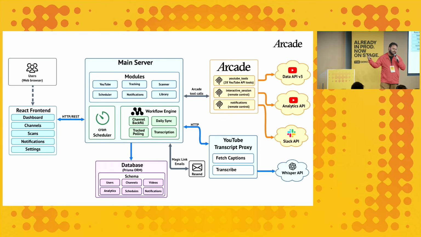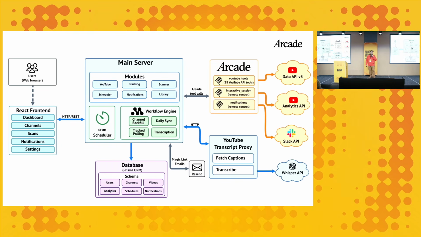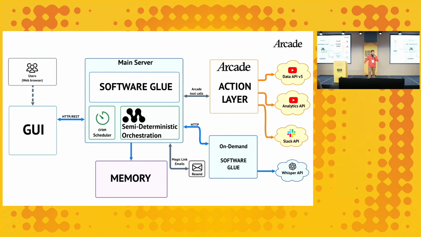So this is the architecture of it, and it looks kind of busy, but the main point for me here is that I need two projection layers for interfacing with this agent. Here on the left, we have the GUI, which is something I rarely use, but it's useful as a presentation layer. And then I have an agentic layer, which is driven by the action layer that, I work at Arcade.